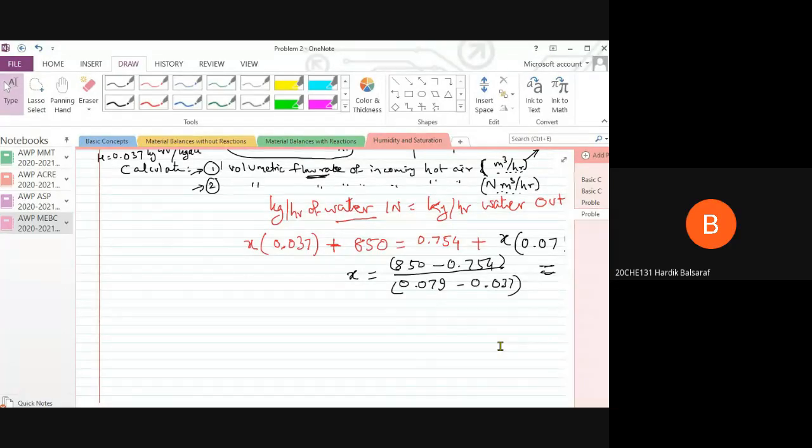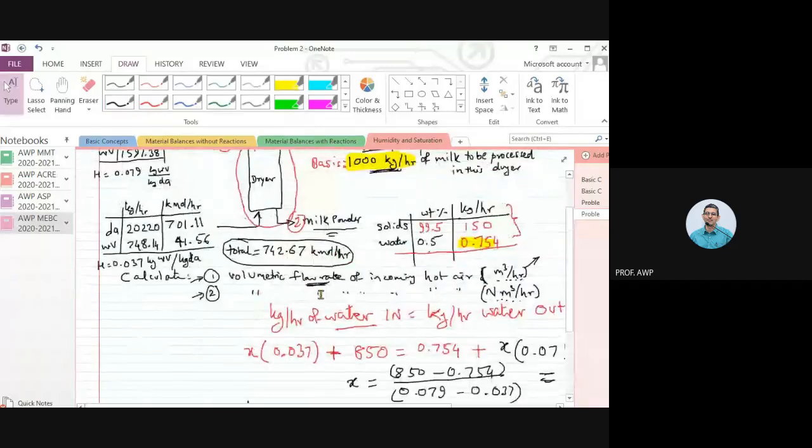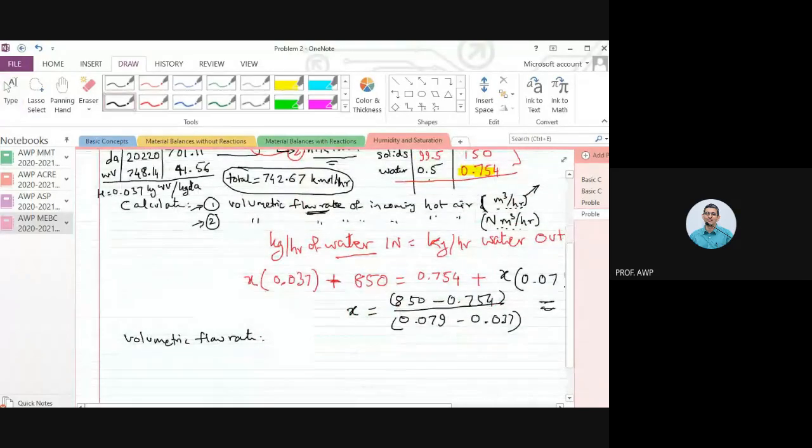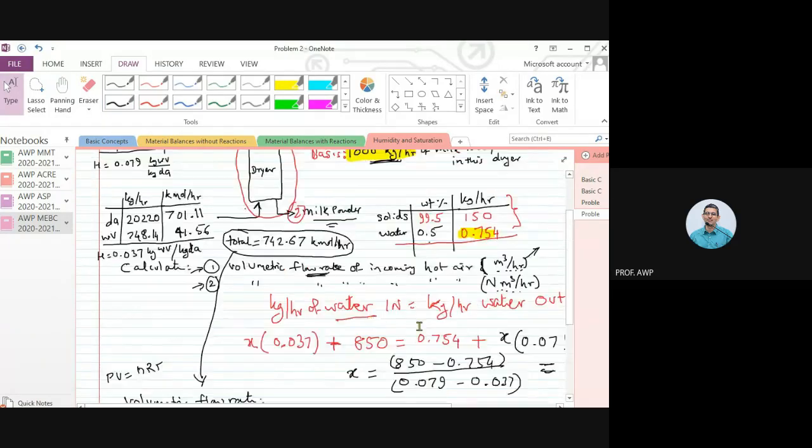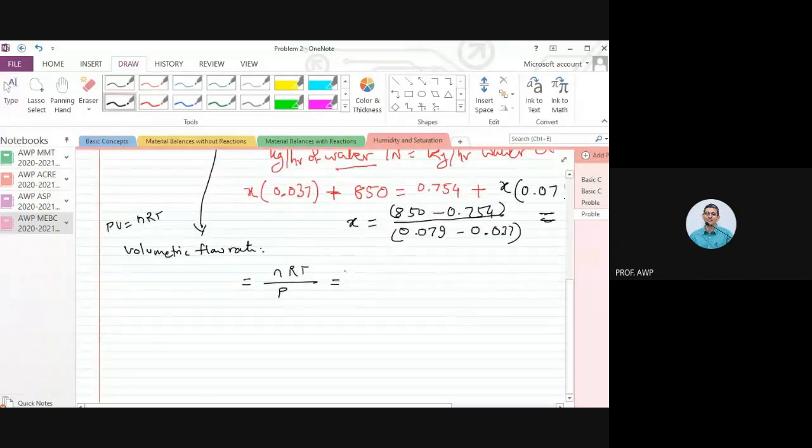No, sir. Okay. So now we want to find out the volumetric flow rate. Volumetric flow rate, 742.67 kilomoles per hour. So we are going to use our ideal gas law. PV is nRT, right? So volumetric flow rate would be nRT divided by P. So this would be 742.67 kilomoles per hour.